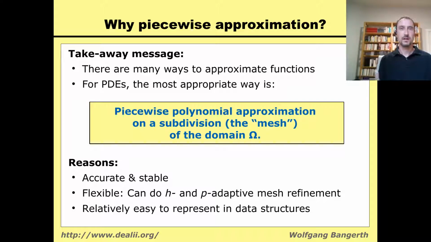And that for finite element, for the solutions of partial differential equations, the solutions typically have a structure that does not make it amenable to, let's say, a Fourier or a global polynomial approximation, but instead you want to use something that corresponds to a piecewise polynomial approximation on the subdivision of the domain into small intervals or small cells, because that is accurate, stable, flexible, it can do H and P adaptive mesh refinement, and it is relatively easy to represent in data structures.